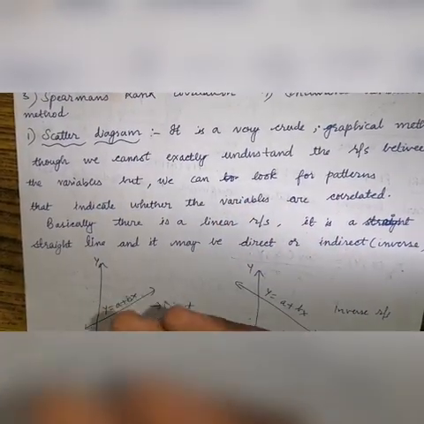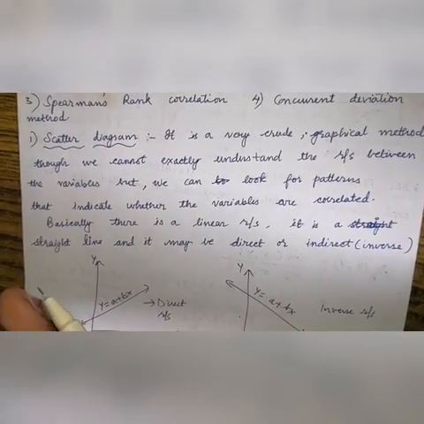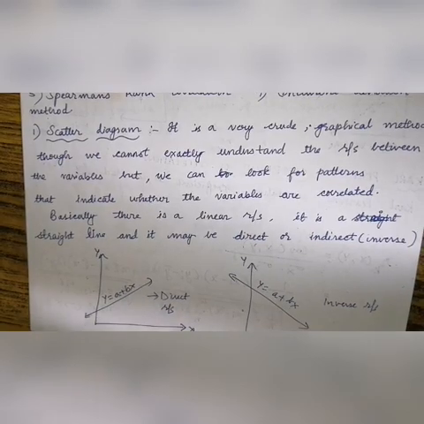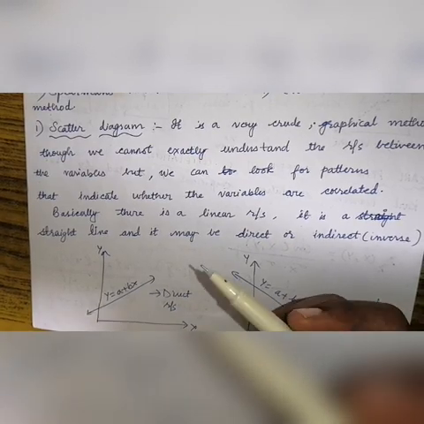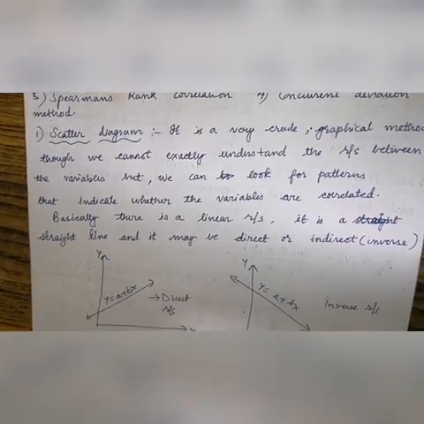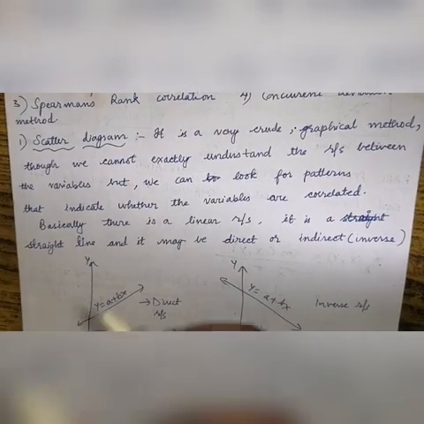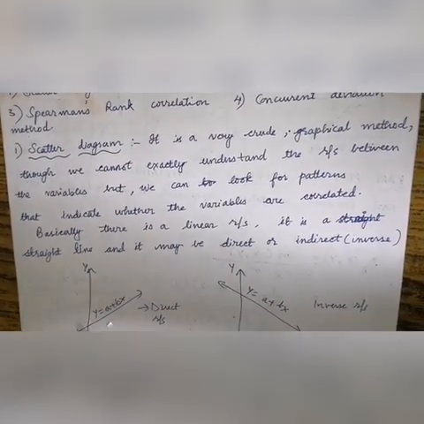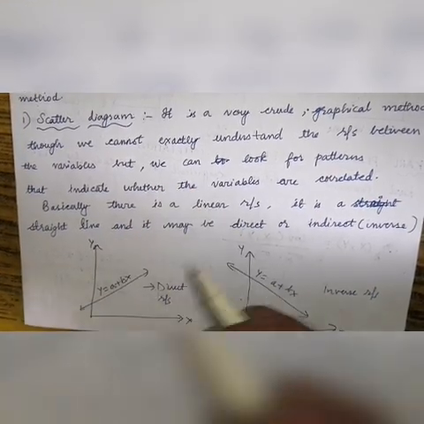For example, x is your weight and y is the body mass index, and if you want to check the relationship between the body mass index and weight, then you will have to plot the values in the graphical method, and if there is a linear relationship, that as the value of x is increasing, the value of y is also increasing. That is the linear relationship.